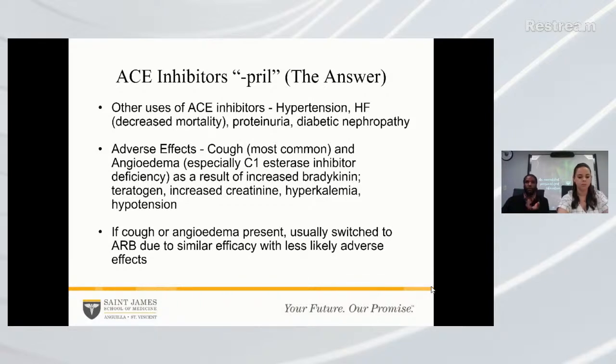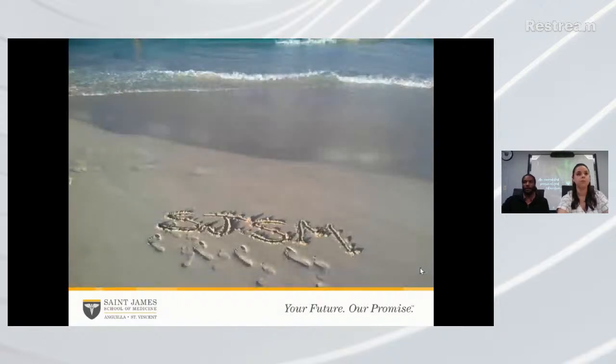And then again, hypotension because you're blocking the vasoconstrictive effects. And like we said, if cough or angioedema, switch them to an ARB because same kind of mechanism, but you're going to have less of the adverse effects. And that pretty much covers ACE inhibitors and diabetic nephropathy.